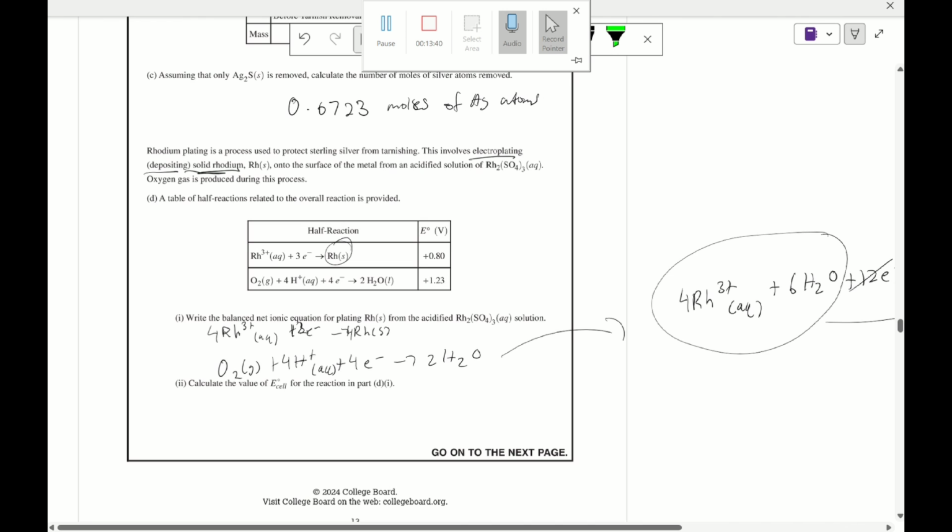And then our E cell value would just be 0.8 minus 1.23, which should be negative 0.43.